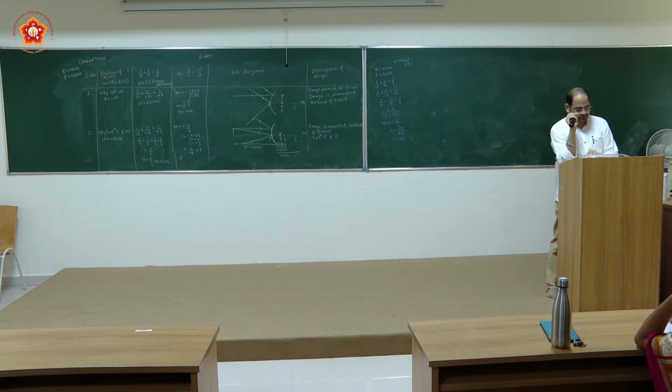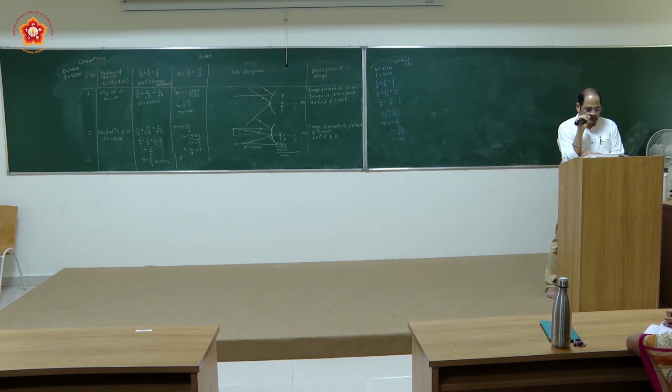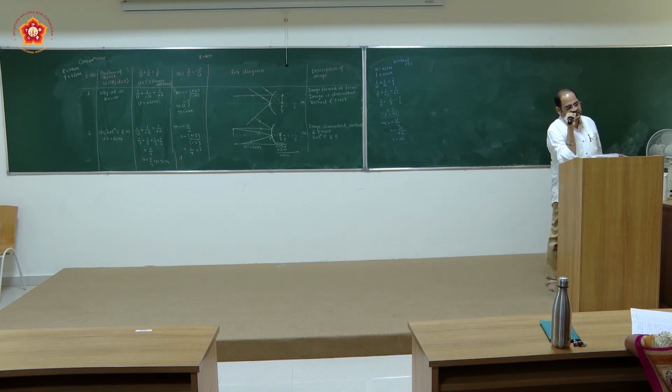Second point. Next point. For a real extended object, if the image formed by a single mirror is inverted, it is always, fill in the blanks.